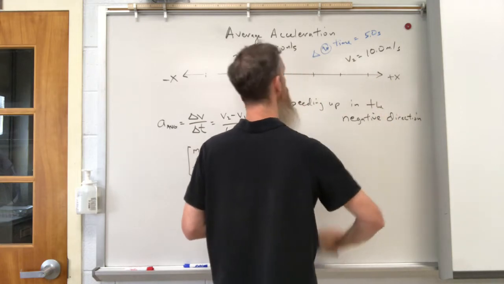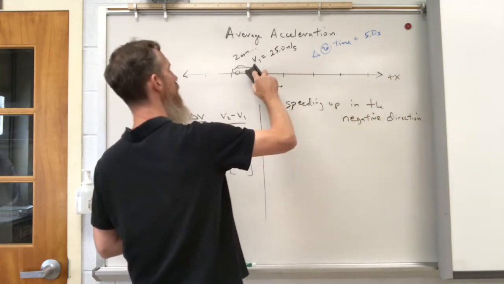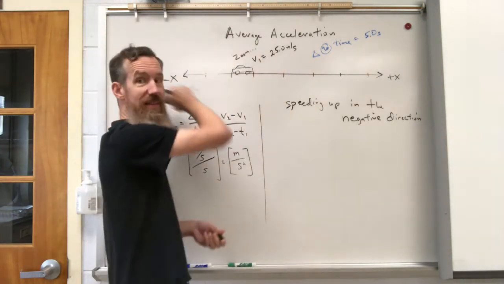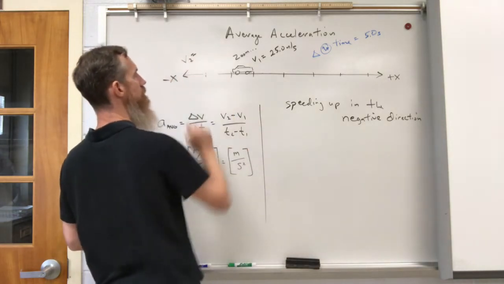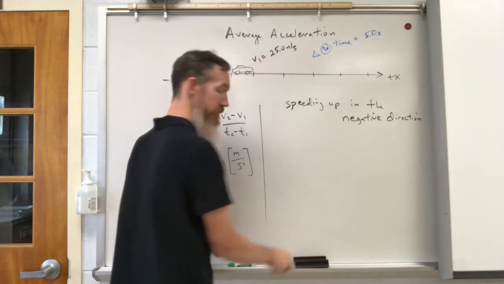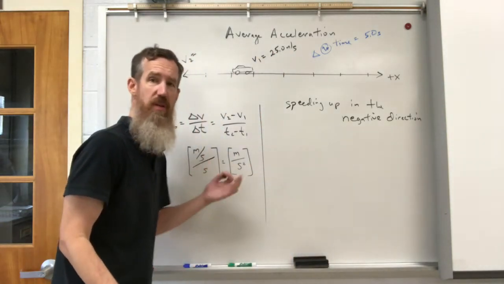And so we're no longer over here. We're here. We're going to turn. I'm not redrawing the car, but we're going to turn the car around, and we're going to go this way. We're allowed to do that. We can drive backwards, turn the car around, go in the negative direction.